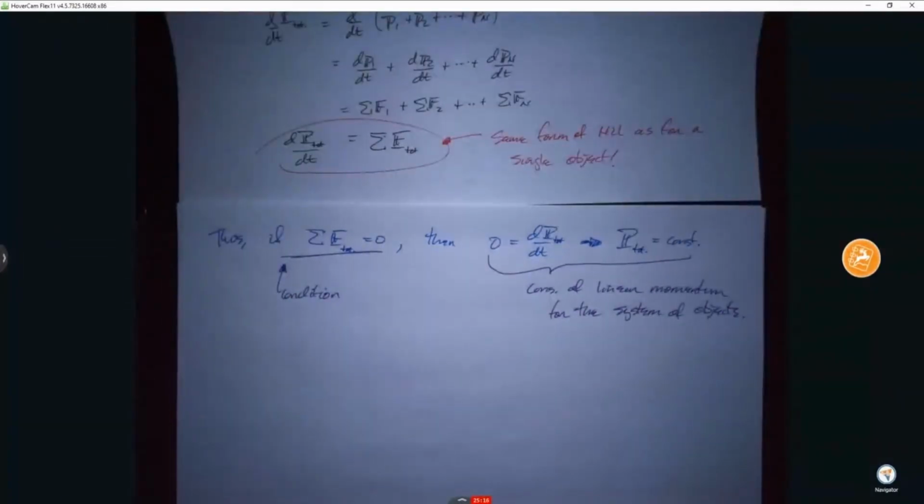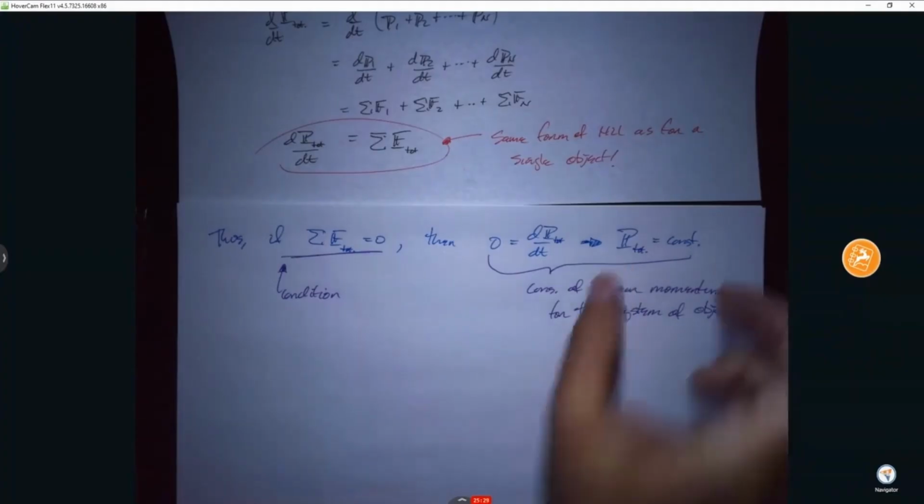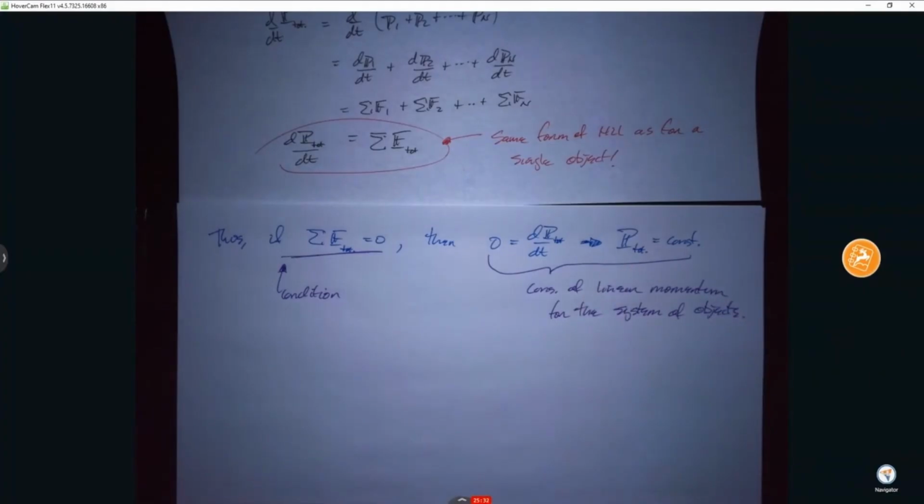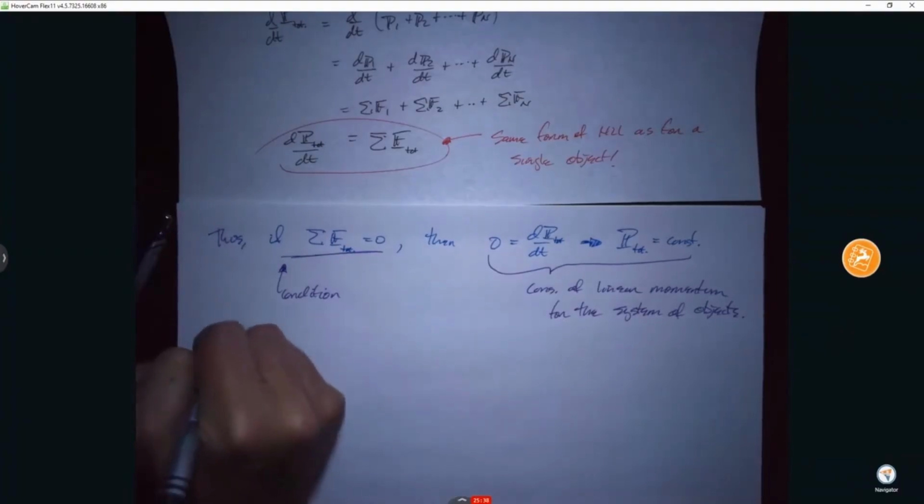The one thing that we'll need to know that is different from conservation of mechanical energy is that this is a vector condition, and this is a vector conservation principle.